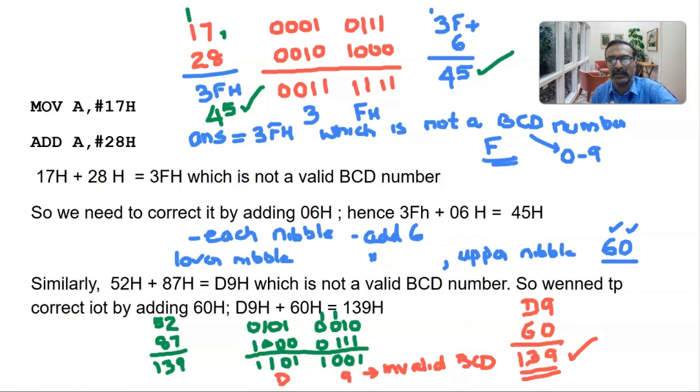So in BCD addition, after normal addition, if it is not a valid BCD number, we add 6 to the lower nibble or 60 to the upper nibble, depending upon which is the wrong BCD digit.